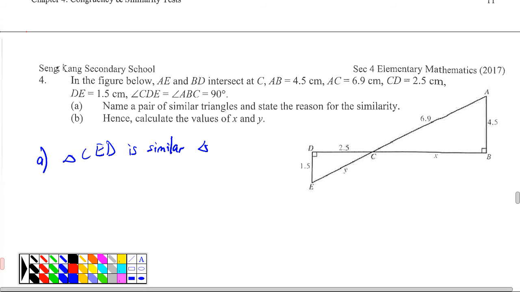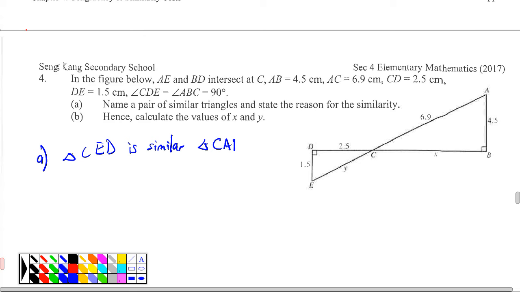I got 4. Triangle CDE is similar to triangle. Check. You try the other way, right? ACB, right? What I can do is I will come out at 2:30. Once everyone is here, I start.